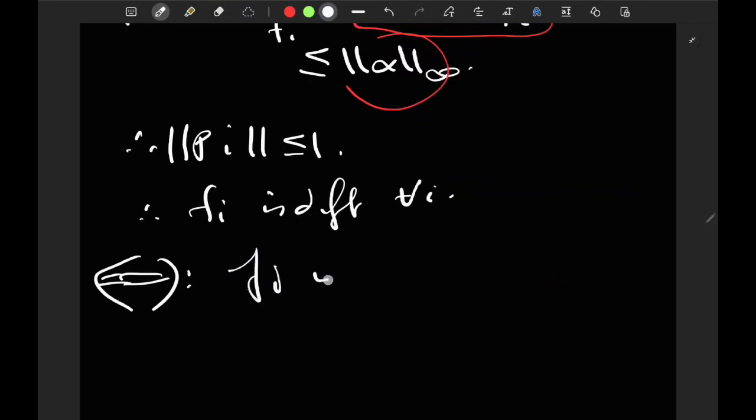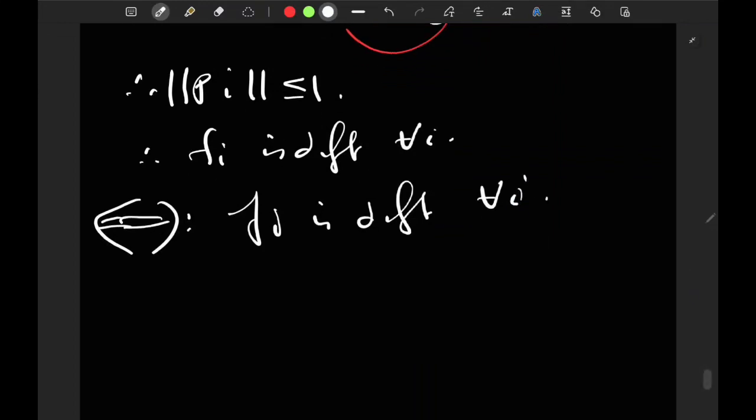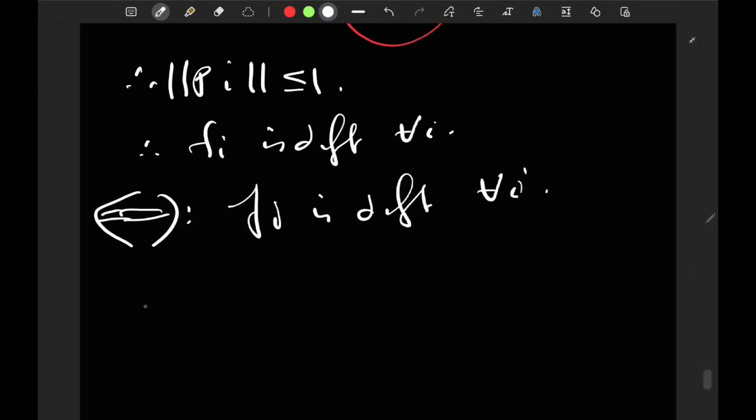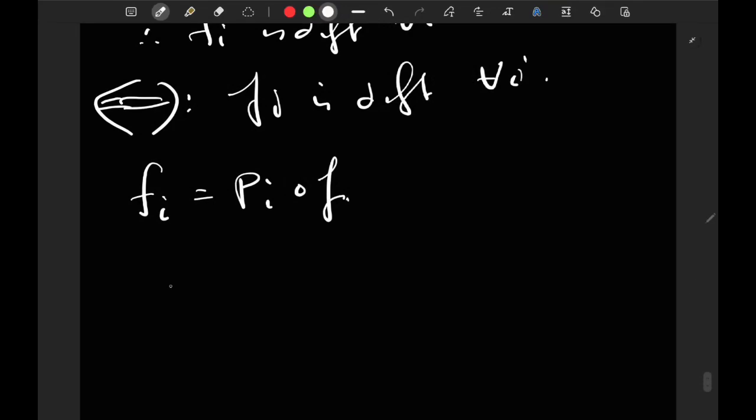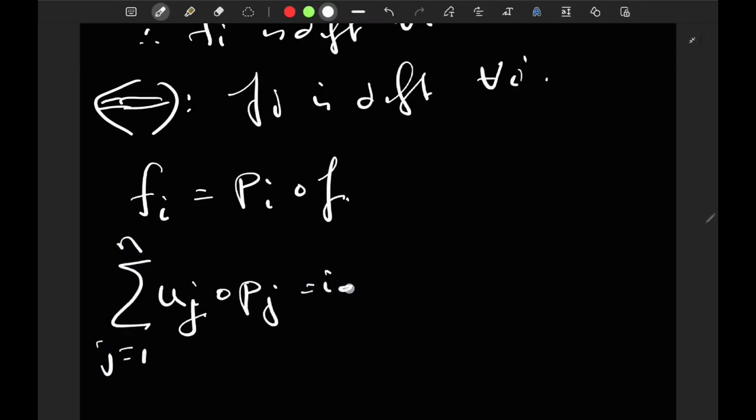again, you are assuming that f_i is differentiable for all i. Now we employ the thing that we were talking about in the remark. Since f_i is equal to π_i ∘ f, we want a way to write f in terms of the f_i's. So what I'm going to do is employ the fact that u_j ∘ π_j, summed over j, is equal to the identity.